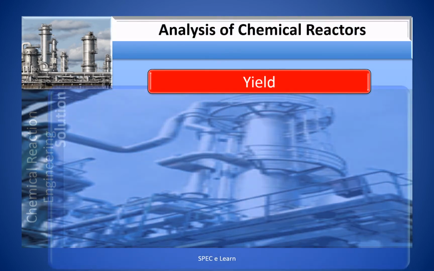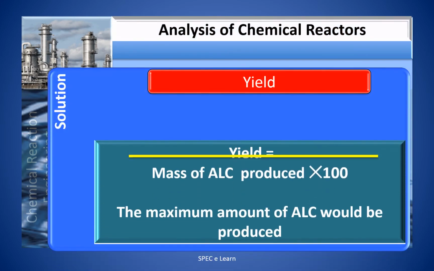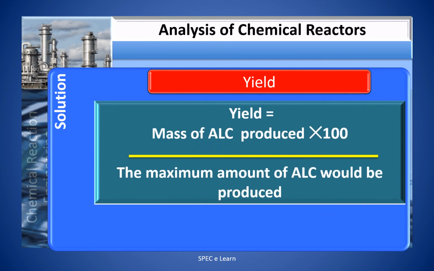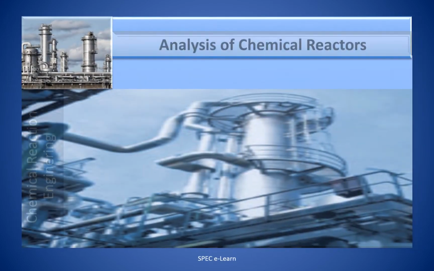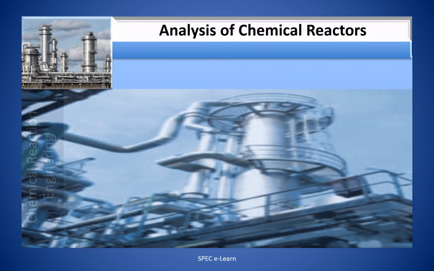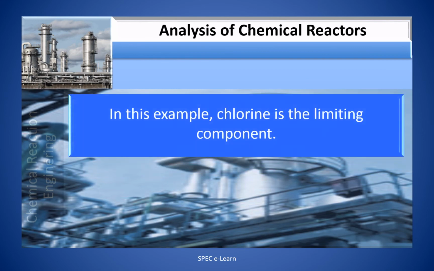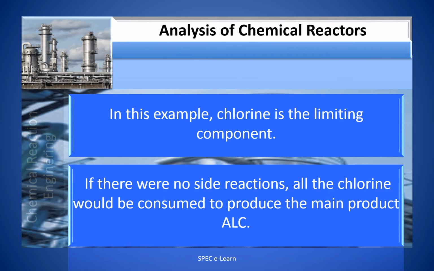Yield. Yield is the ratio of mass of ALC produced to the maximum amount of ALC that would be produced if there were no side reactions. In this example, chlorine is the limiting component. If there were no side reactions, all the chlorine would be consumed to produce the main product, allyl chloride.